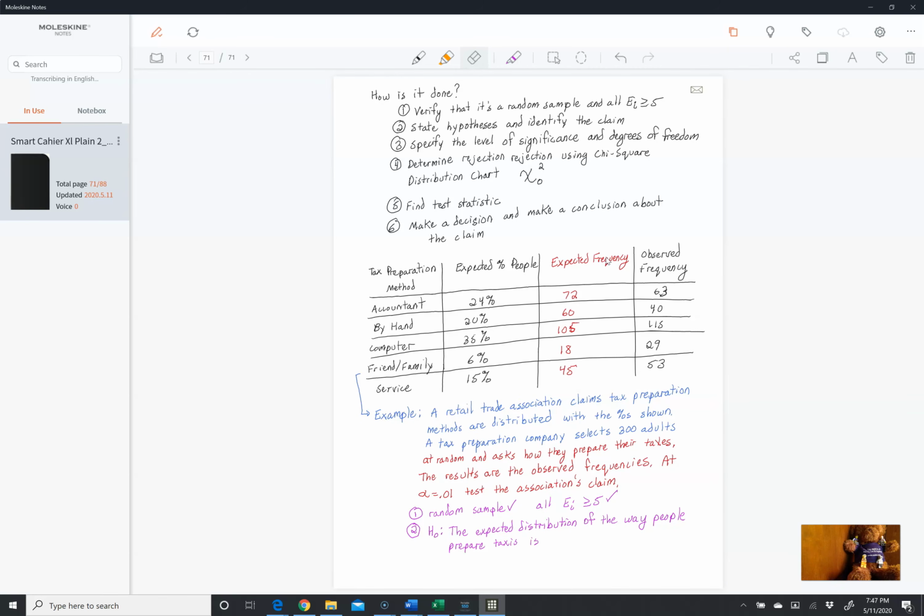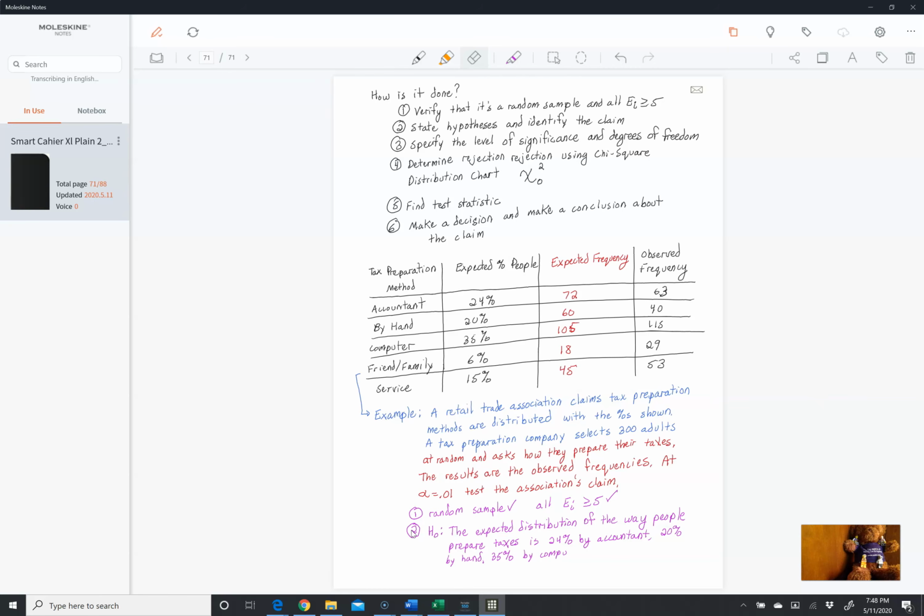Is not taxes, that would not make sense. 24% by accountant. 20% by hand. 35% by computer.